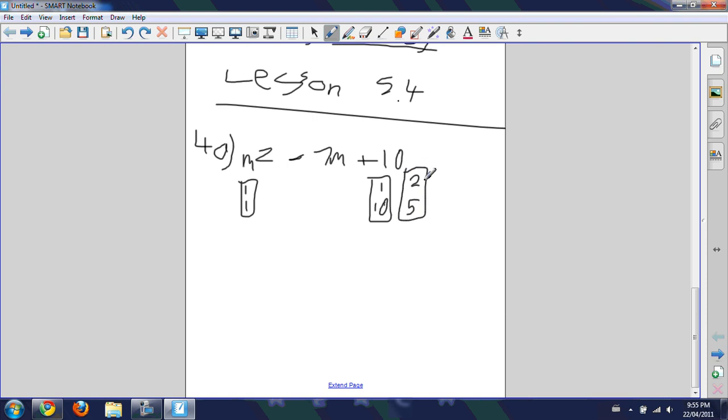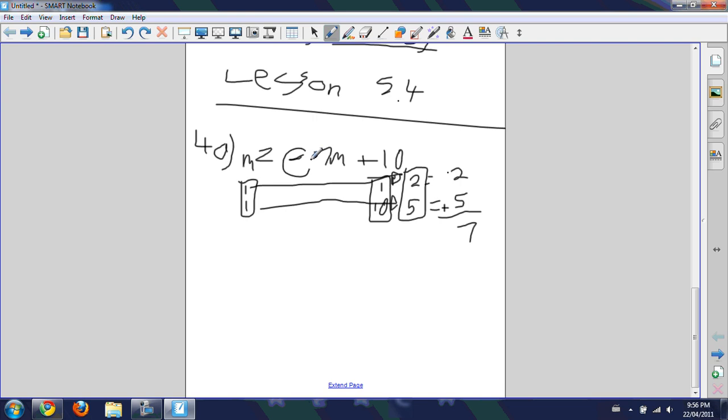So just by looking at it, I know that 1 would be multiplied by this, 2, and that would be multiplied by the 5, which would give 2 plus 5 would be 7.